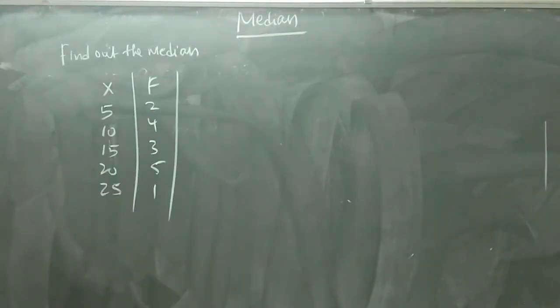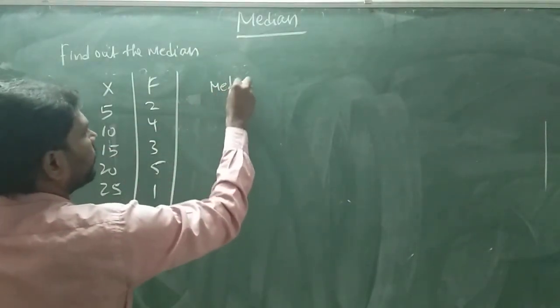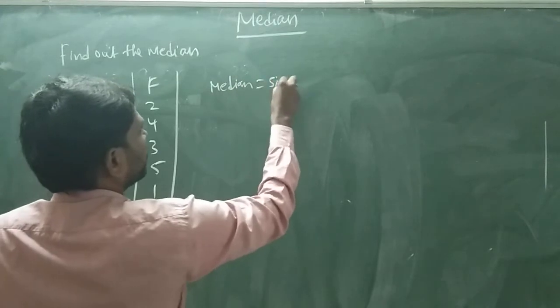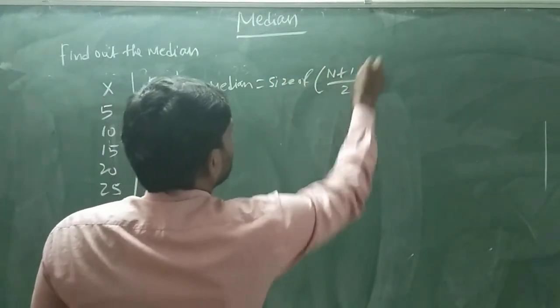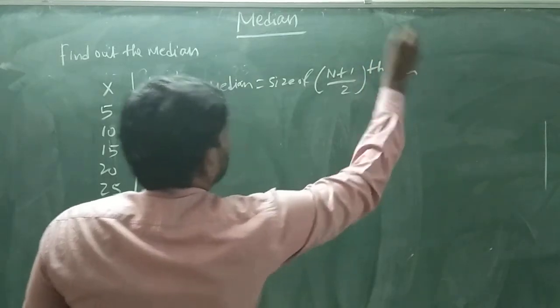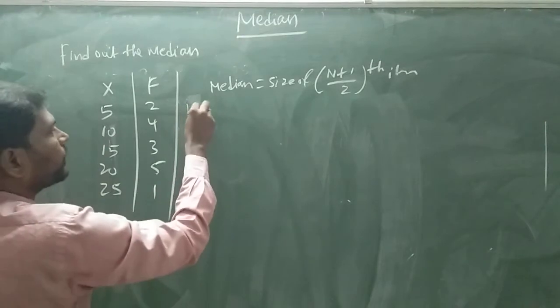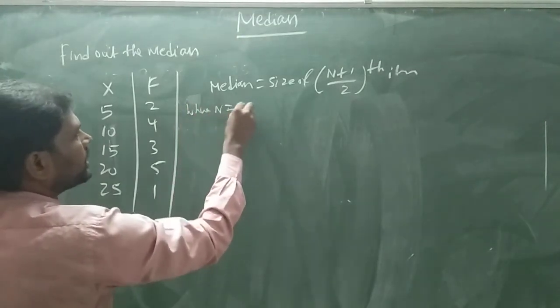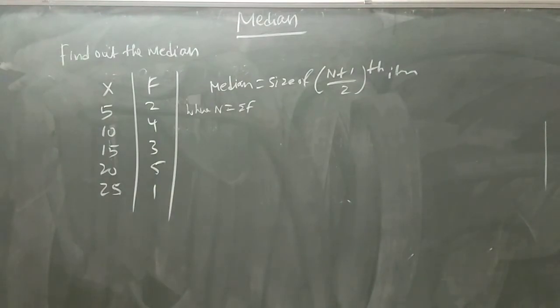So X and F. The median formula is median equal to size of capital N plus 1 by 2th item, where capital N equals summation F.